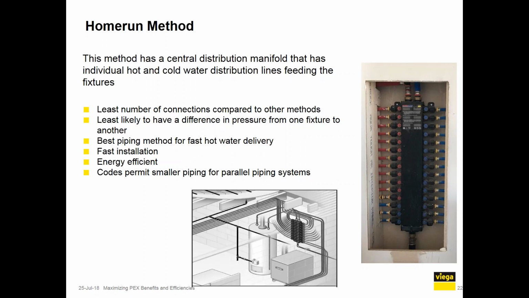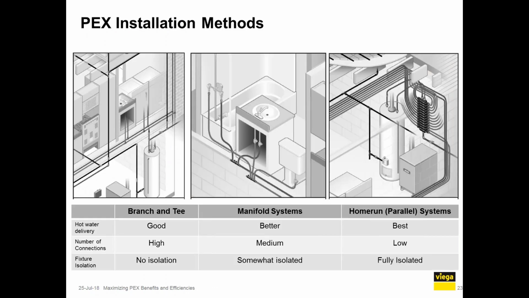Those smaller sizes of tubing mean less water in the system, less hot water to purge, and that's where you get your quicker hot water delivery. So a quick recap on these, again, just re-showing you the table here to discuss the benefits and finding your sweet spot relative to the type of building you have.